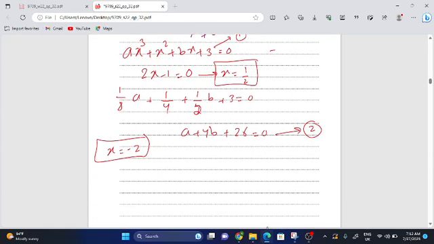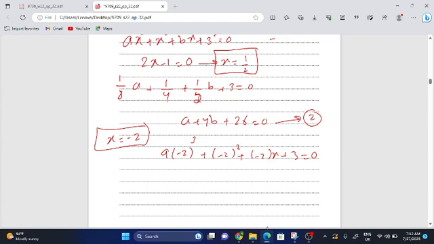That gives you a times minus 2 cube plus minus 2 whole square plus b times minus 2 plus 3, which is equal to 0. Do the simplification. That gives you 4a plus b is equal to 1. You can do the simplification by yourself and confirm whether you are getting the same result or not. I'm doing it directly. So these are basically two equations.